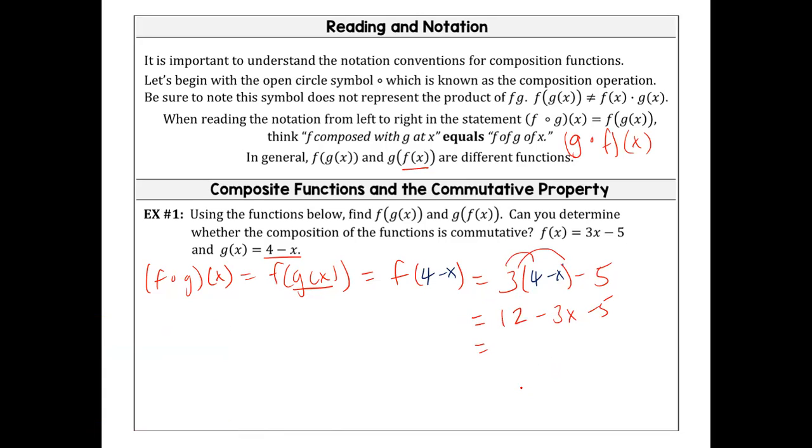It's 7 minus 3x. That is what our f of g of x is.